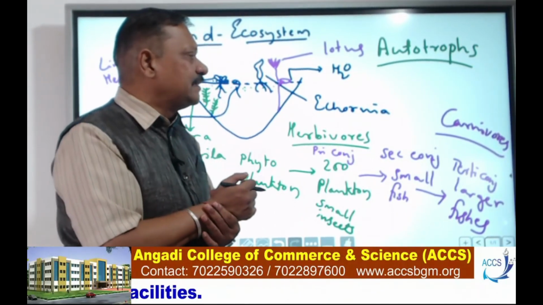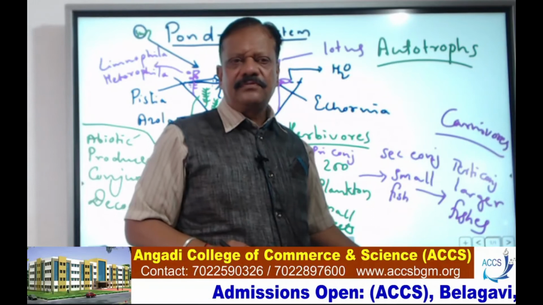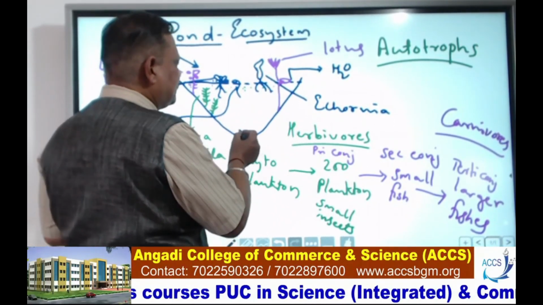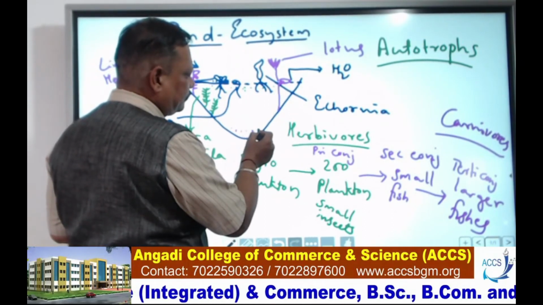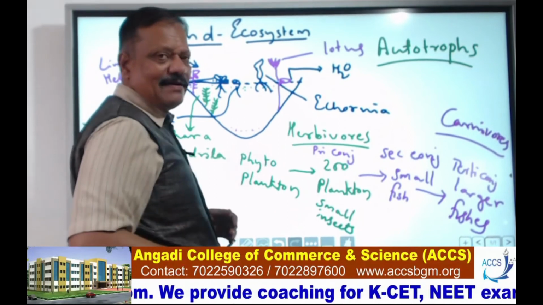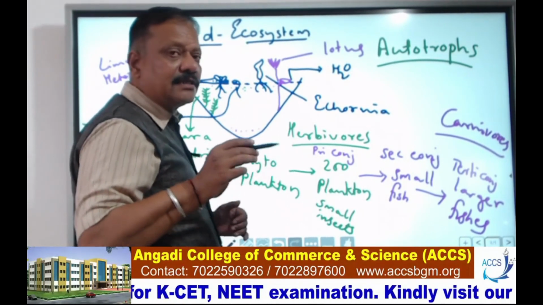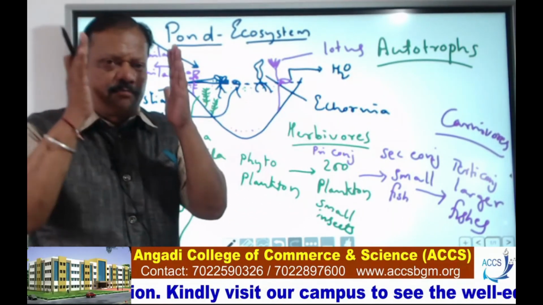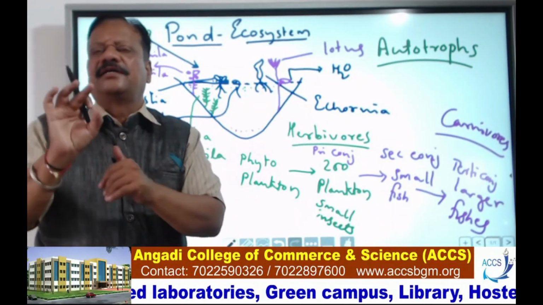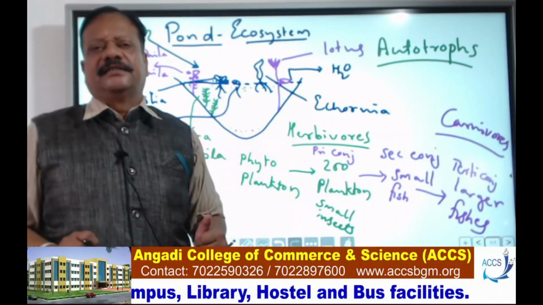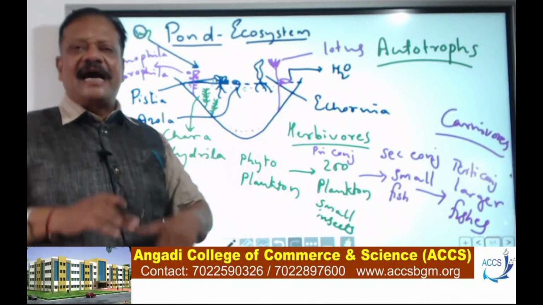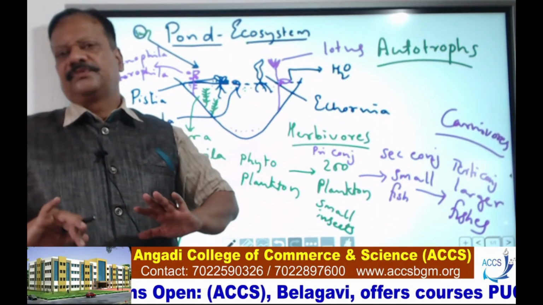So as a result, they die. When they die, their whole body settles at the bottom. Now, when the whole body is settling at the bottom, the complex body is broken down into small, simpler abiotic substances. And they are added to nature. In the pond, they are added to the water.